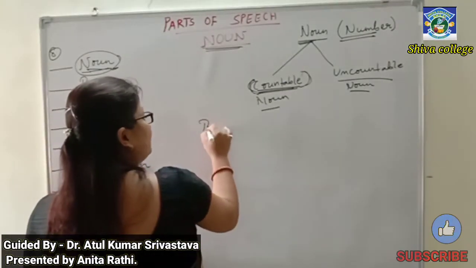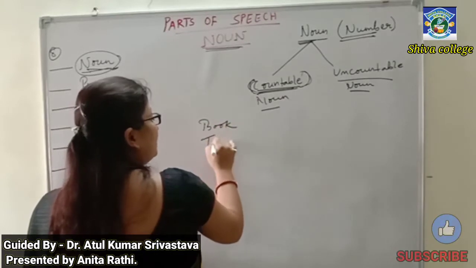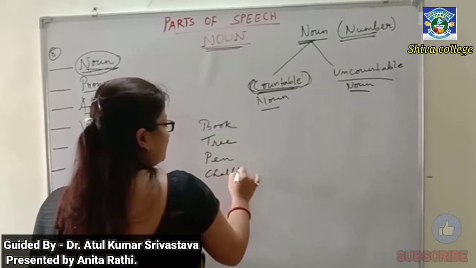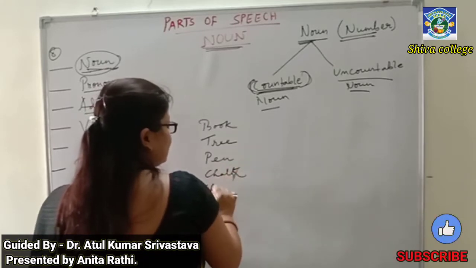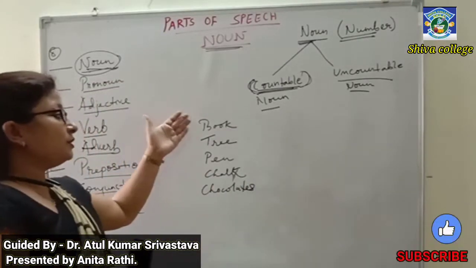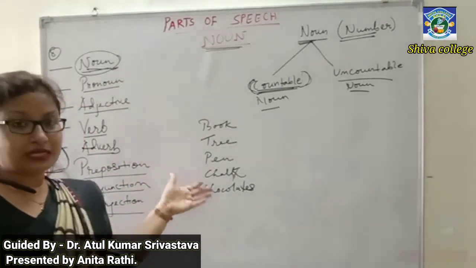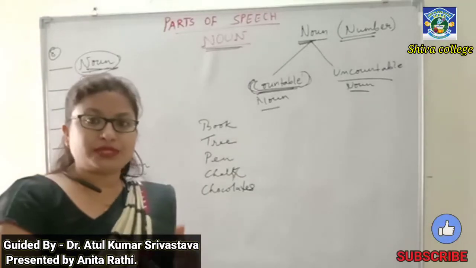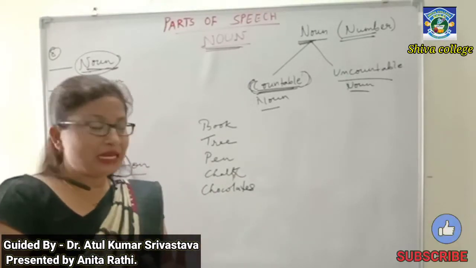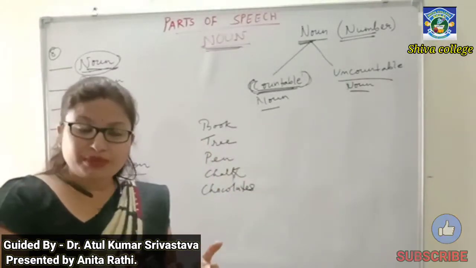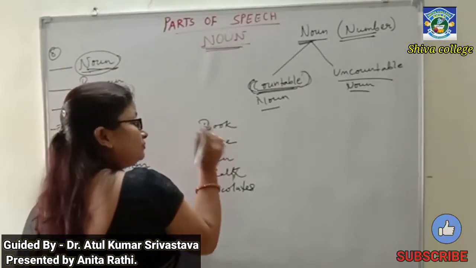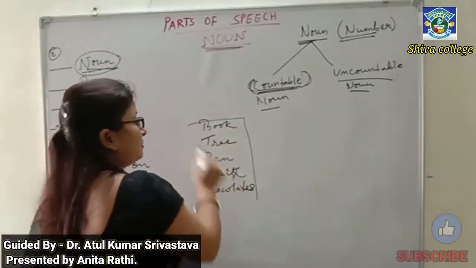For example, if you see book, tree, pen, chalk, chocolates, and etc. So book, pen, tree, chalk, chocolates, these things you can count. That means whenever you want to tell the number of these things, you have to tell the numbers, like one packet, one piece, one carton, or any kind of counting.